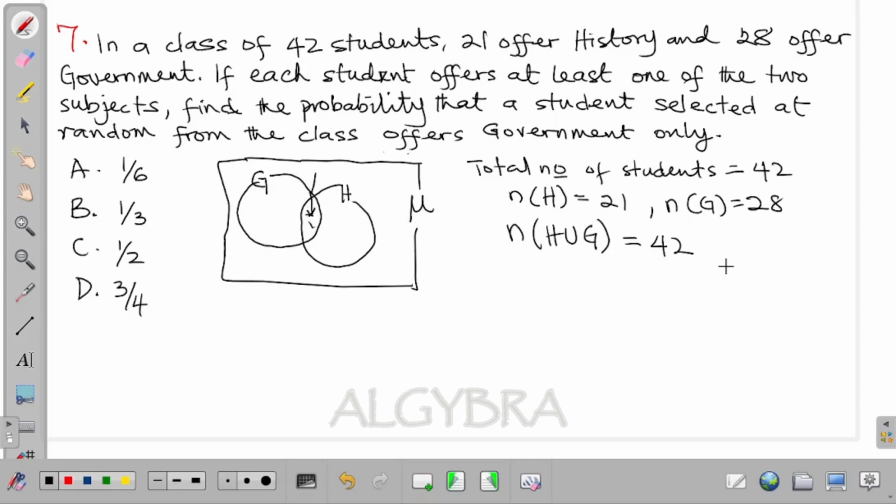Now we're going to use the principle of inclusion-exclusion of sets.